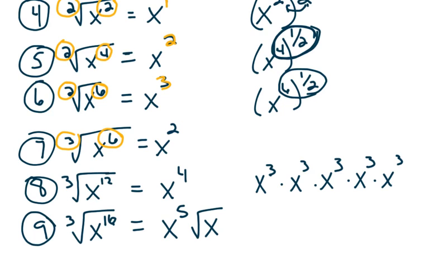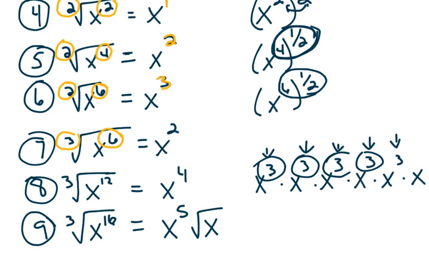This is 3, 6, 9, 12, 15. And how many x's do we need to make 16? A single one. So I have 1, 2, 3, 4, 5 x cubes. That gives me my 5. But I have this one lone x underneath that has to stay under there. Threw a curveball at you.